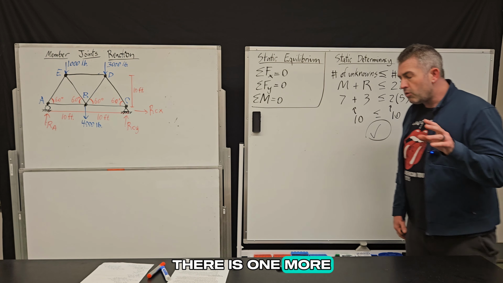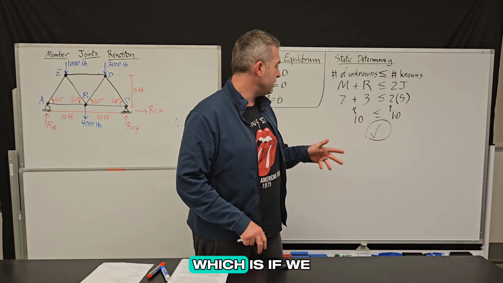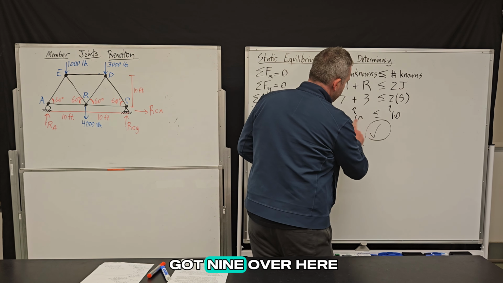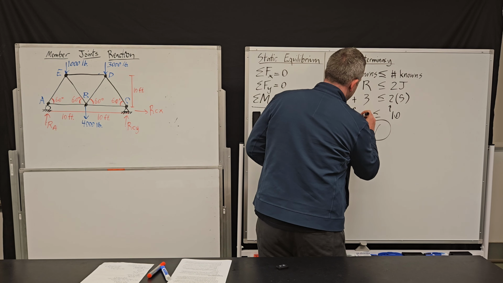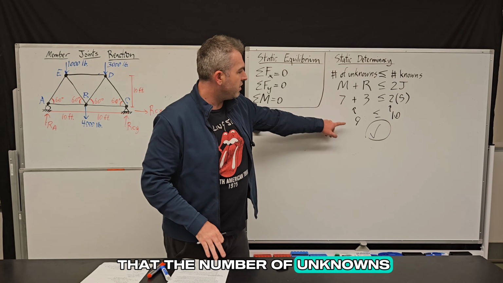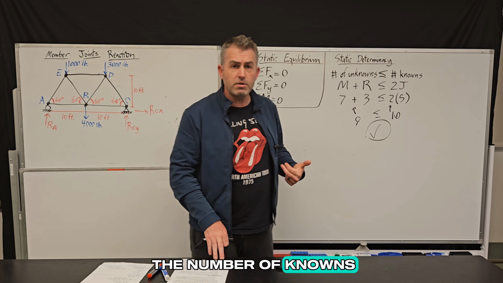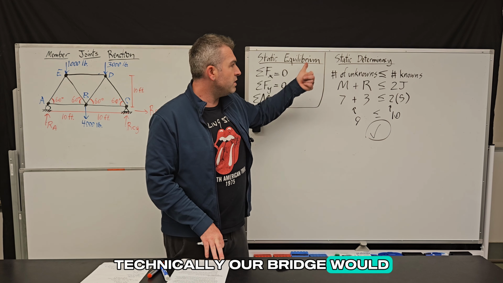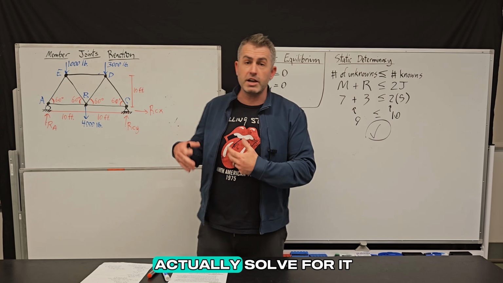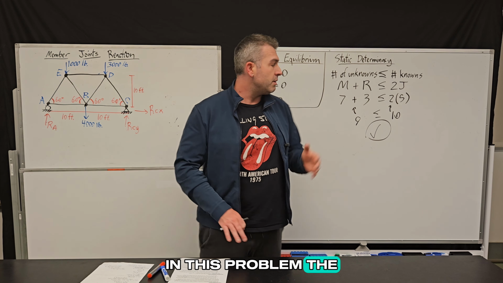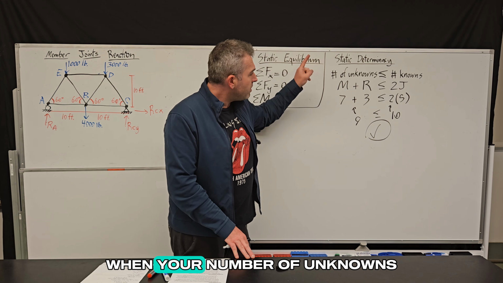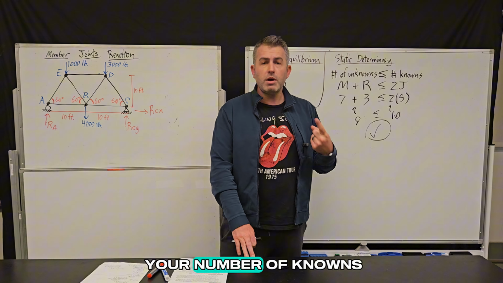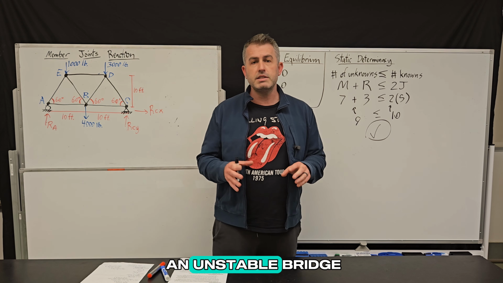Now, there is one more condition we have to watch out for, which is if we got 9 over here, and so we know that the number of unknowns is actually less than the number of knowns. Well, technically our bridge would be statically determinate, meaning that we could actually solve for it in this problem. The problem with this is when your number of unknowns is actually less than your number of knowns, you have what's called an unstable bridge.